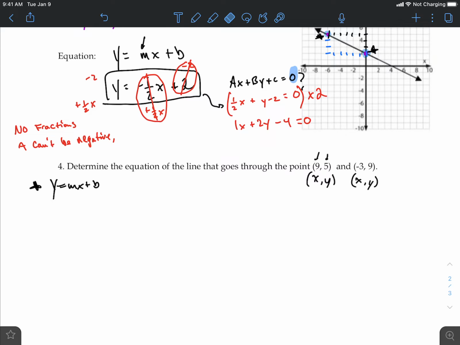So you have 2 points on a grid, and I think your first move is to find the slope. We know already slope. I haven't shown you this part yet, but we do know that slope is equal to rise over run.